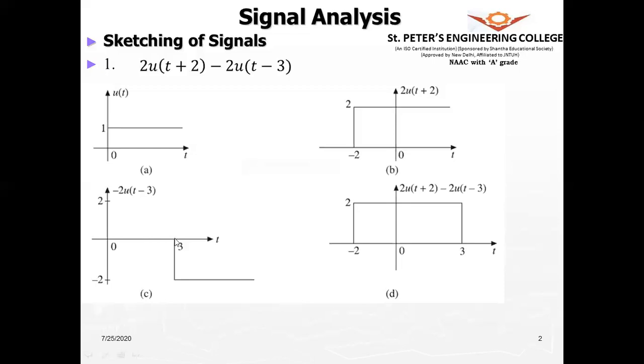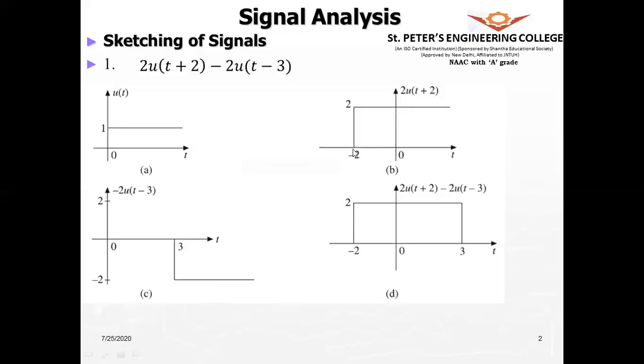At plus 3, there is a step signal starting with an amplitude of minus 2, and that is the minus 2 into u of t minus 3. But at the same instant, you also have this signal 2 into u of t plus 2 at t equals 3. So at t equals 3, plus 2 amplitude plus minus 2 amplitude, if you add both of these, it will become 0. Therefore, the signal beyond 3 will be 0.